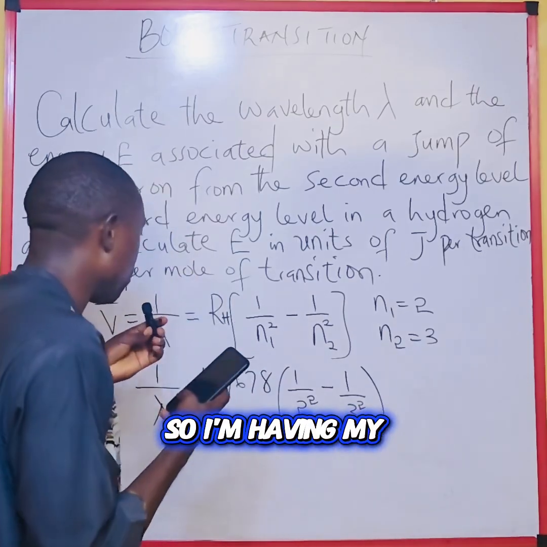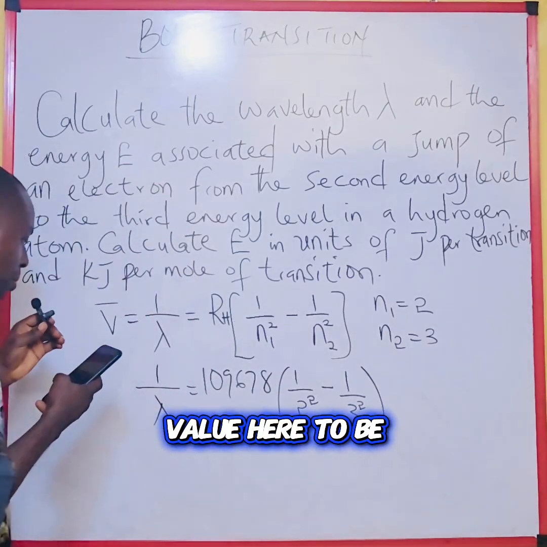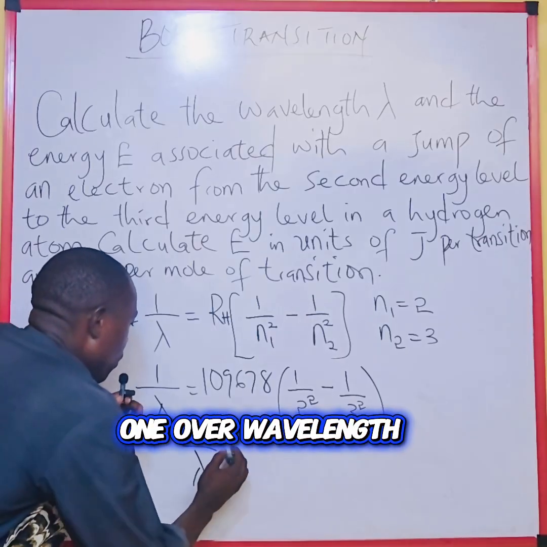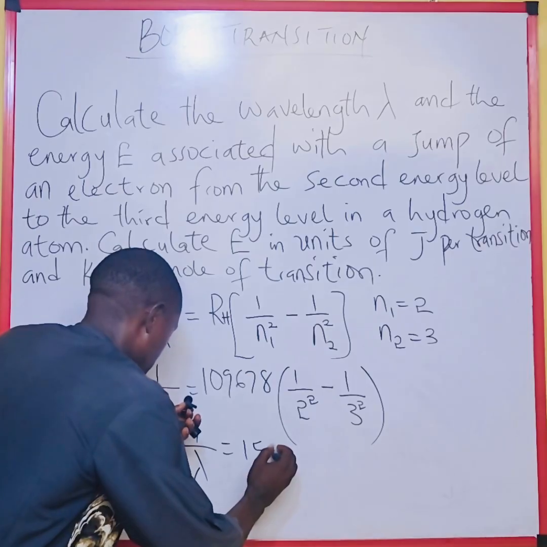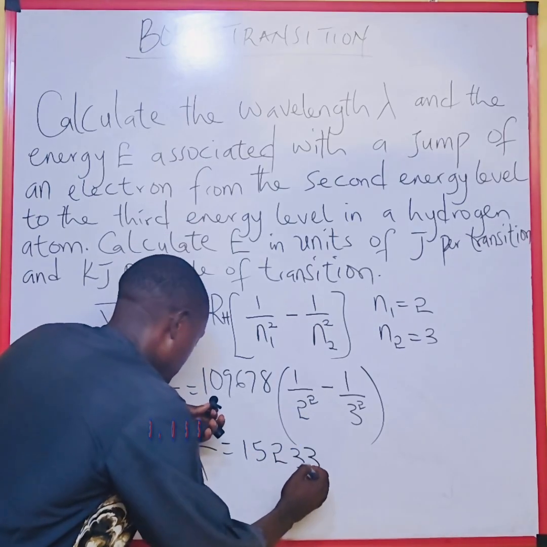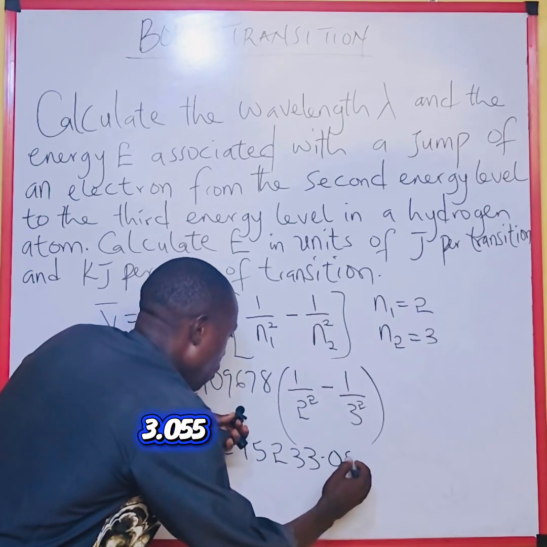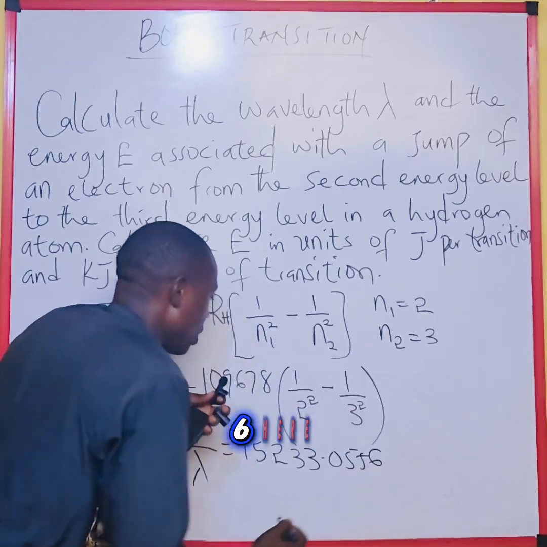So I have my value here: 1 over wavelength is equal to 15,233.0556.